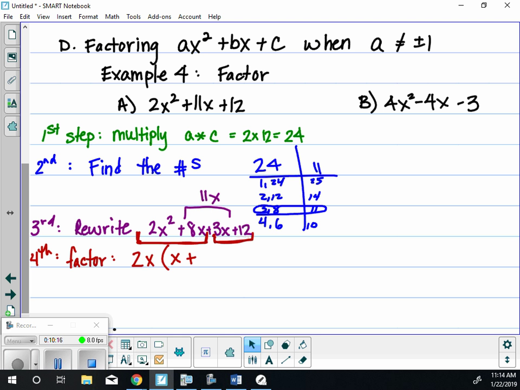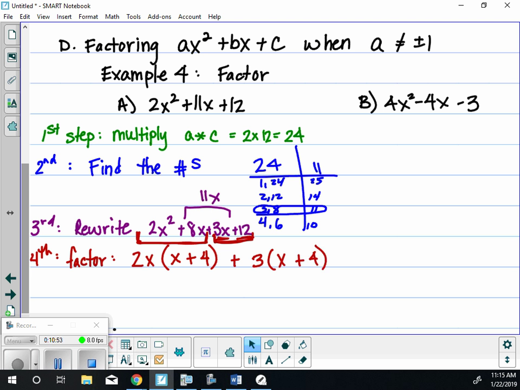If I take it out of 8x, 8 divided by 2 is 4, and I took the x, so I'm left with x plus 4. Then I'm going to factor the second piece. So 3x plus 12, they are both divisible by 3. If I take out a 3 from 3x, I'm left with x. 12 divided by 3 is 4.